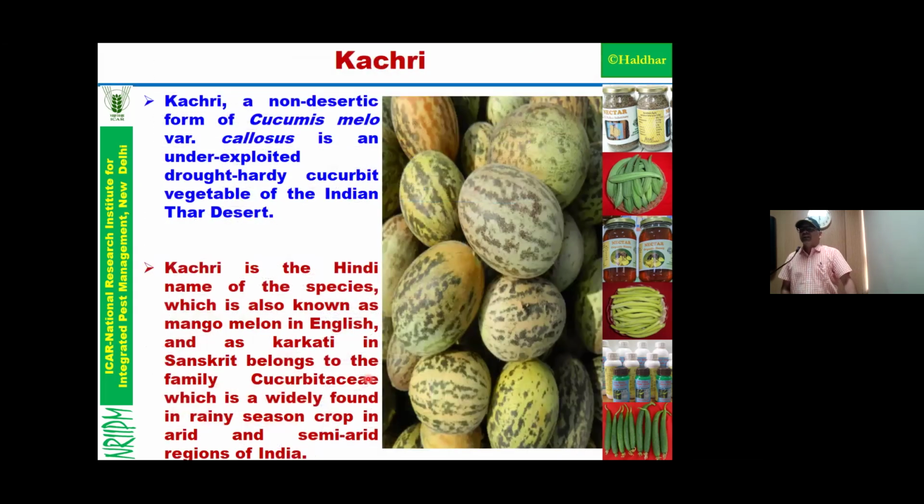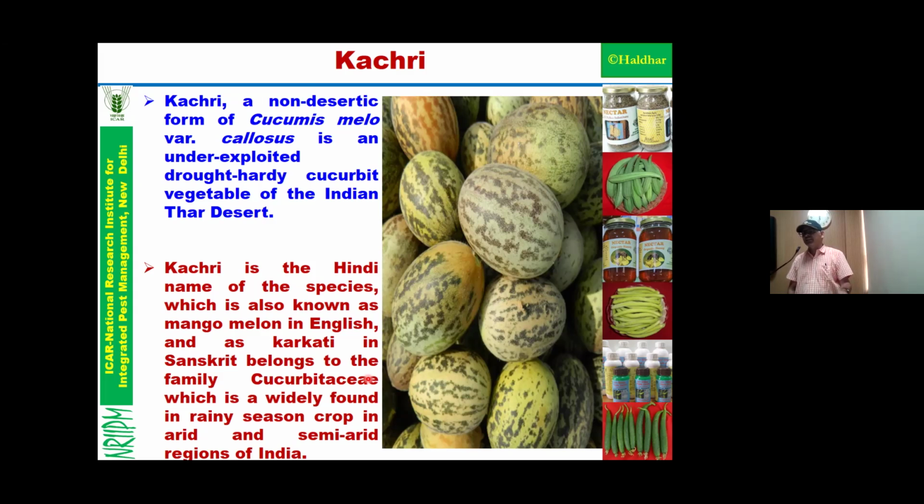Another crop we are taking, sir, is kachri. That is also a cucurbit, and it is only found in the Rajasthan area. It's an undomesticated type of vegetable. This is Cucumis melo, Cucurbitaceae family, variety callosus, near to our muskmelon.